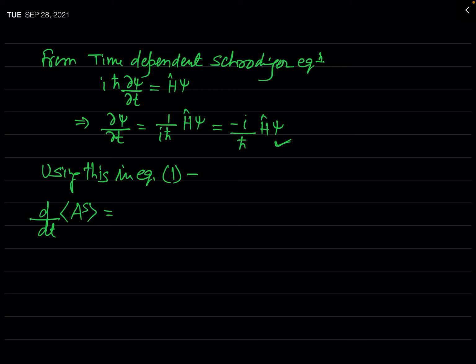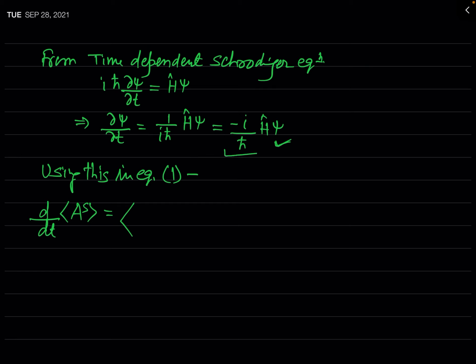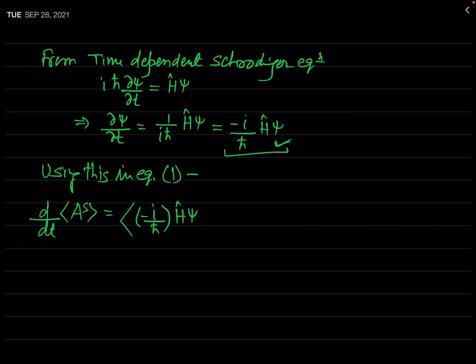What will this be? In equation 1, there is the bra of del psi by del t, and the ket of del psi by del t. This is equal to this much. So this is bra minus i over h bar H hat psi, and then there is AS ket psi.